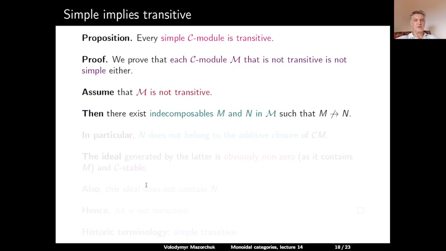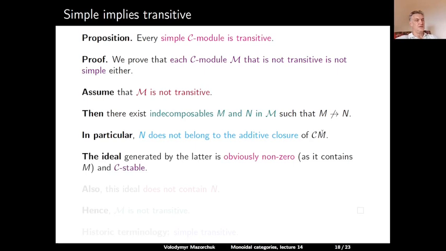Then the arrow relation is not the full relation, so there exist indecomposables M and N in M such that M is not in the arrow relation to N. So in particular, N doesn't belong to the additive closure of the category C acting on our object M. The ideal generated by the latter additive closure is obviously non-zero because it contains M, and it is C-stable because we acted on M by the whole C. So this is a C-stable ideal, and this ideal doesn't contain N. So it's a proper C-stable ideal, which means that M is not simple.